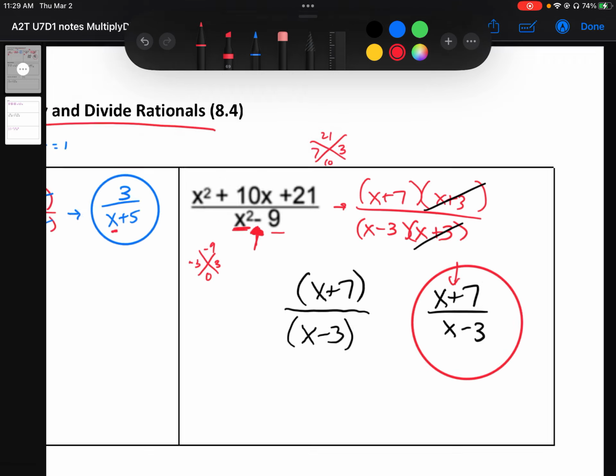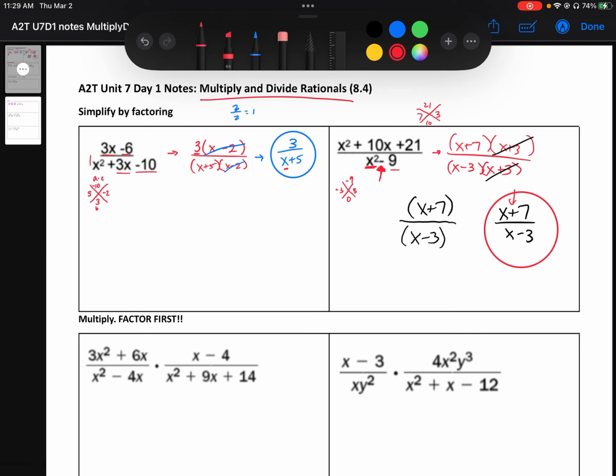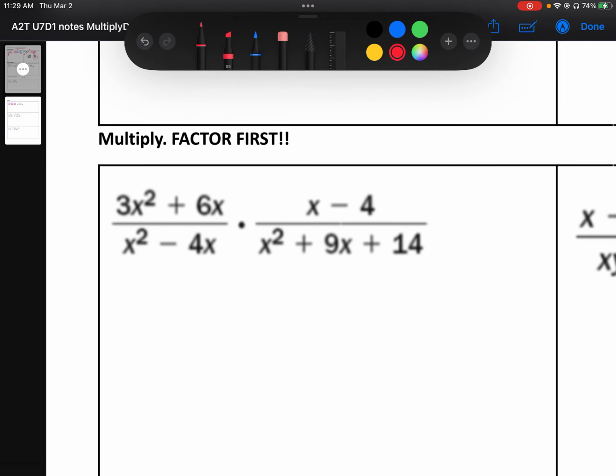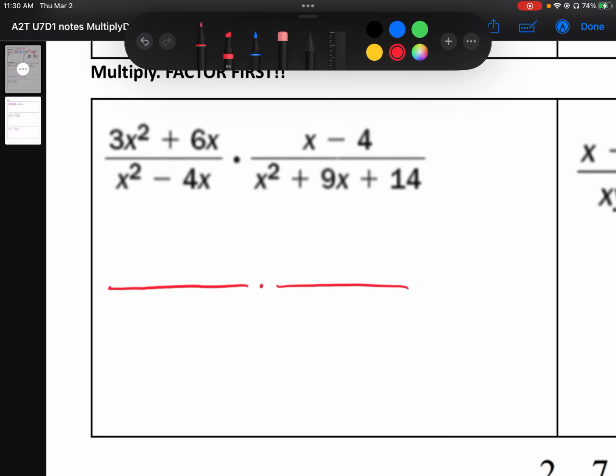All right, so that was just simplifying. Now we're going to multiply rationals. When I'm multiplying, I'm always going to factor them both first. I can still write two fraction bars, or I could also just make one large one. It does not matter. So I'm just going to go piece by piece and start factoring.